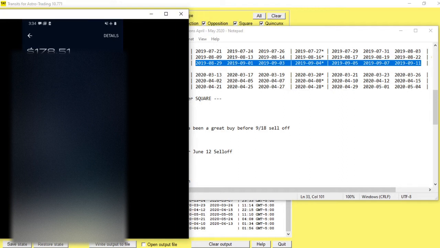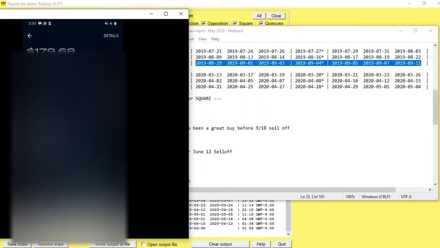So right there, that's what was going on. This generally would have been a good buy. People were getting ready for the big sell, but there wasn't that much buying either.